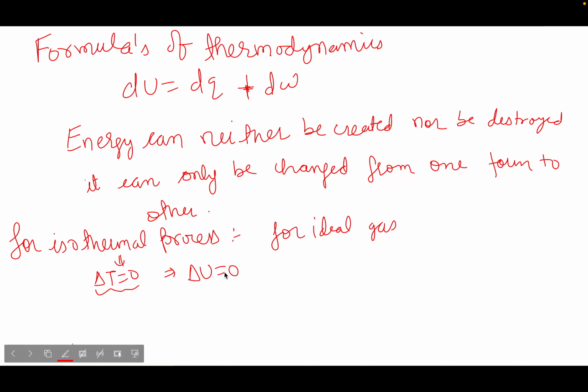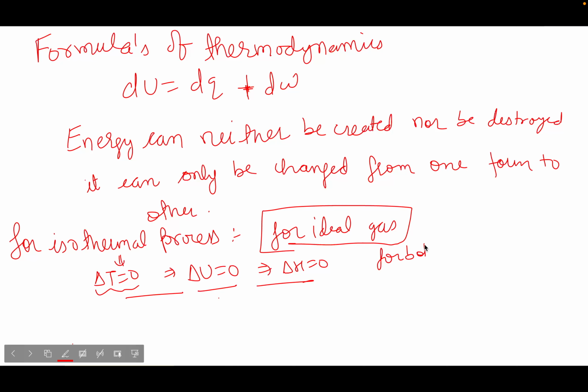That means delta U is also 0 for isothermal process. That means also delta H is equal to 0. This relation is good only for ideal gas, and the change in internal energy and change in enthalpy is 0 for both reversible and irreversible processes.